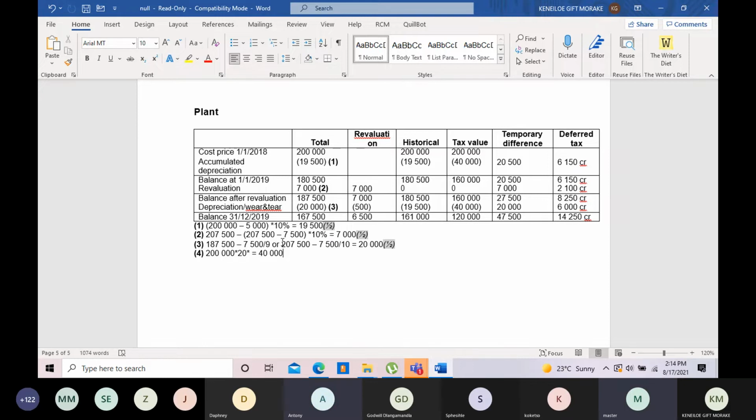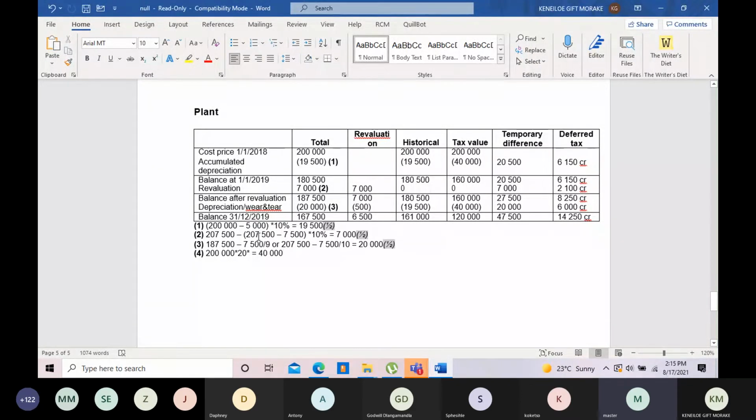You start by opening the bracket, and never mind that 7,000 there. You take the 207,500, you say minus, and then you open bracket, and you bring back this gross replacement value of 207,500 inside the bracket.